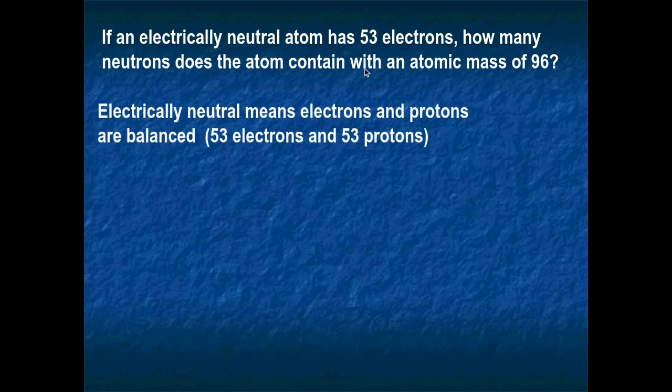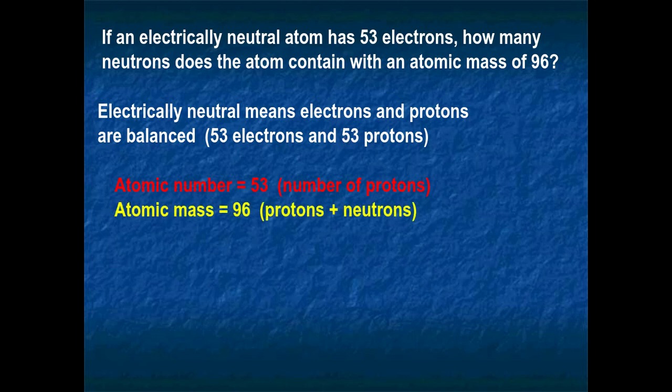Repeating a little bit here and looking at the text on your slide, electrically neutral means electrons and protons are balanced. So we have 53 electrons and 53 protons, which means the atomic number is 53 and the atomic mass is 96.